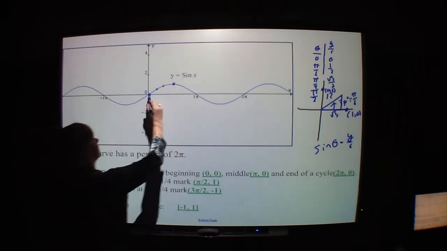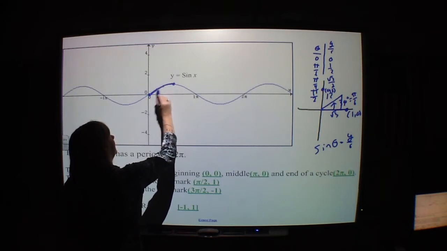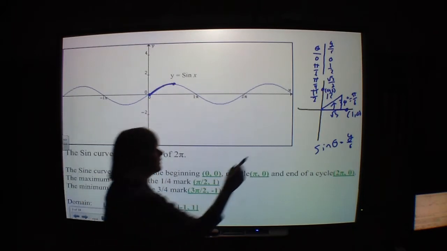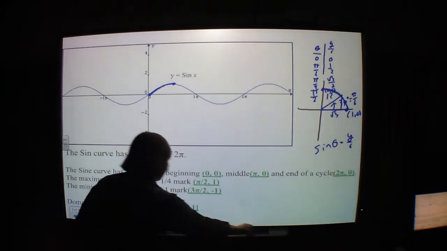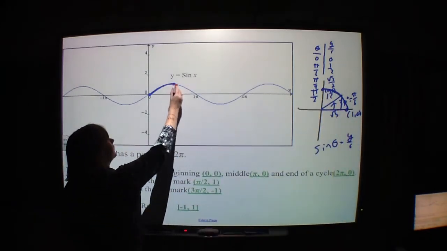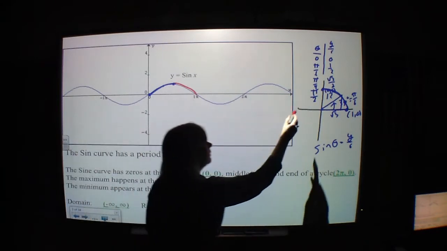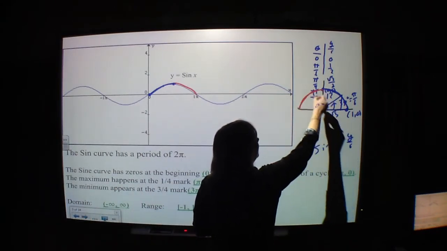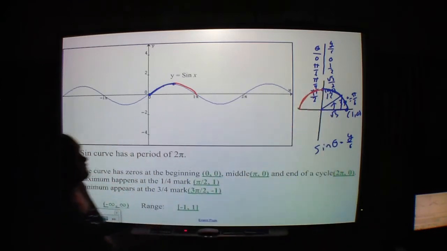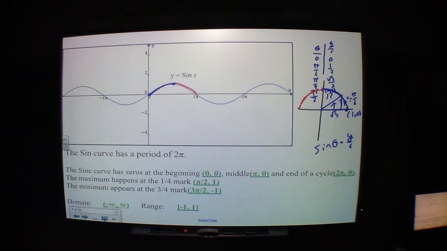So this part is the first quadrant. It's going around the unit circle right there. This part of the curve, if I keep going around the circle, is that part. So if I'm at 2/3 pi, or 5/6 pi, or 3/4, all those up to pi.